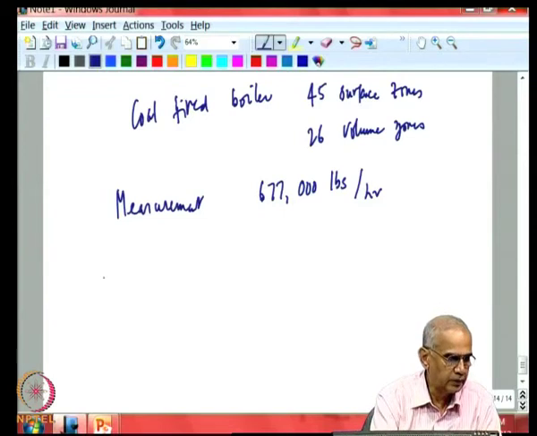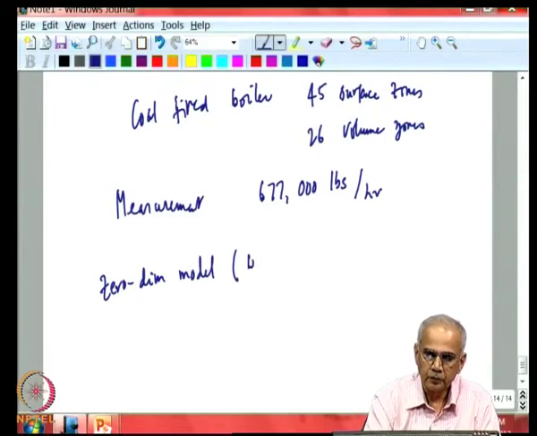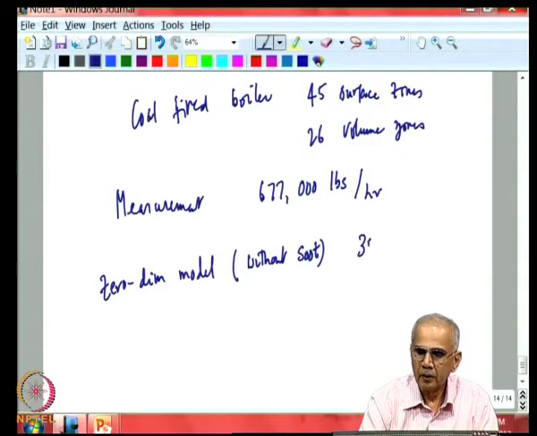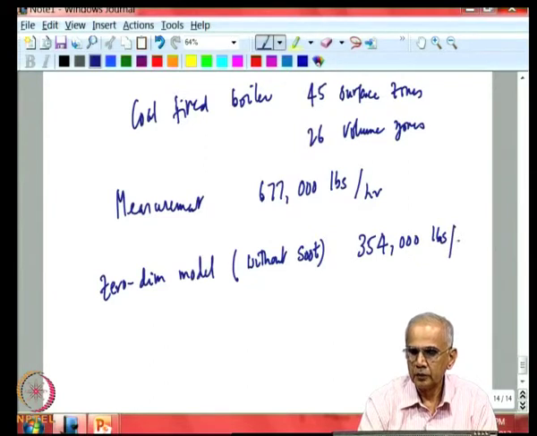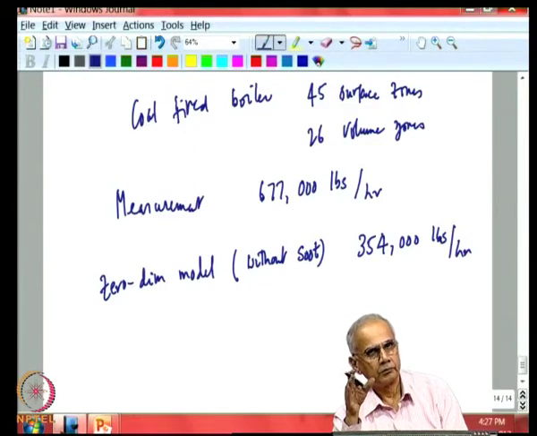The first model is the 0 dimension model of the kind we discussed in the last lecture, and we neglect soot, because soot is not easy to model. Then they get an answer of 354,000 pounds per hour. So, you can see the very large error in the 0 dimension model, almost half of the actual measurement.